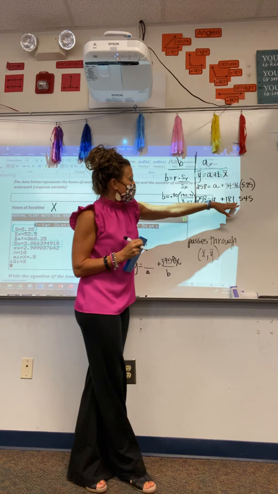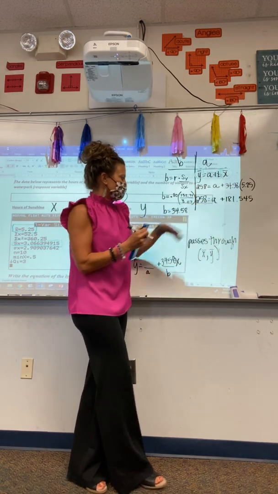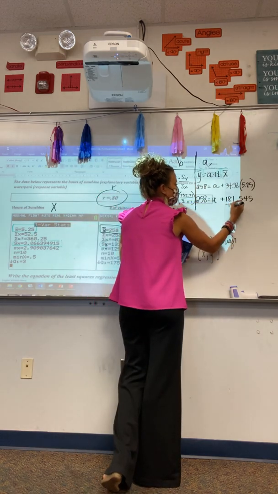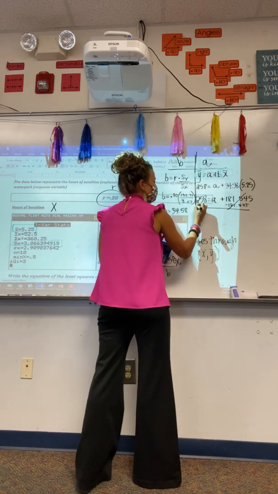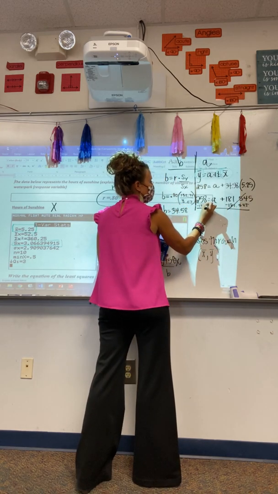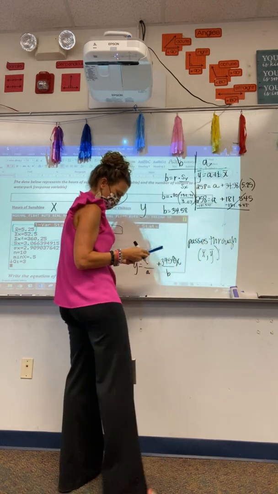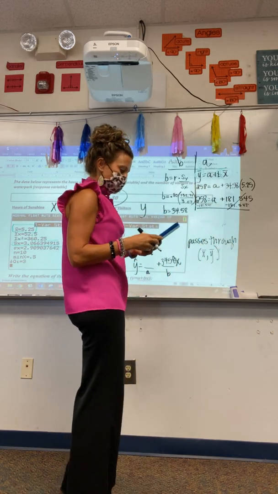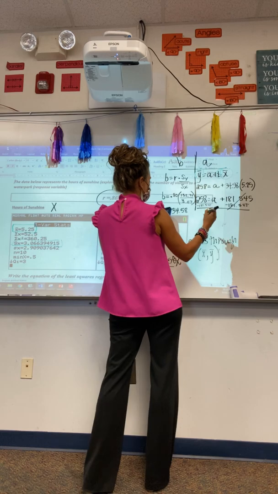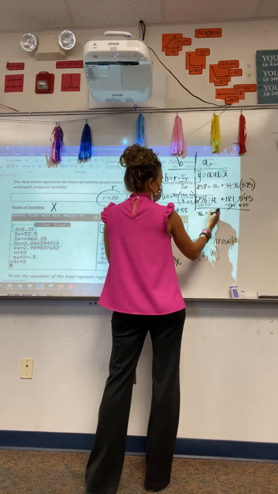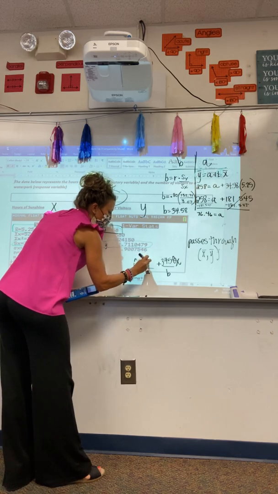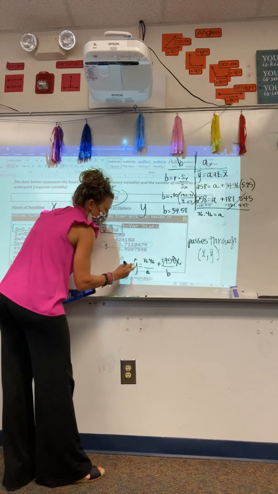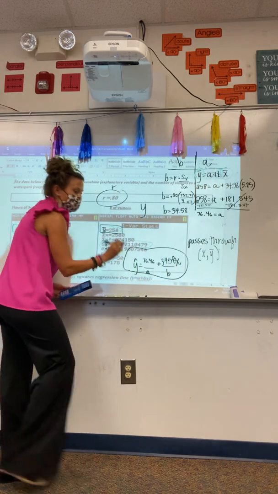Now to solve for A, we're going to go ahead and move that over, and you get 76.46. Now you've written the equation of the line.